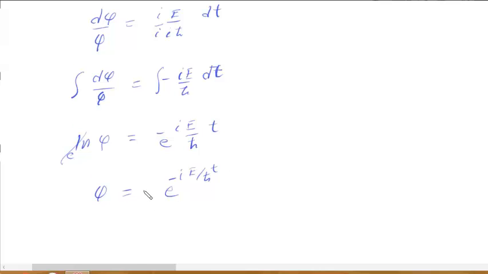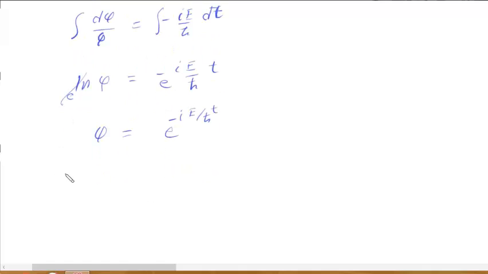And then the total psi, which depends on x and t, is equal to the psi which depends only on x, times the phi which depends only on time, so we can write psi of x times e to the power minus i E t divided by h cut. This is the total wave function, and the expectation value and the probability are independent of time.